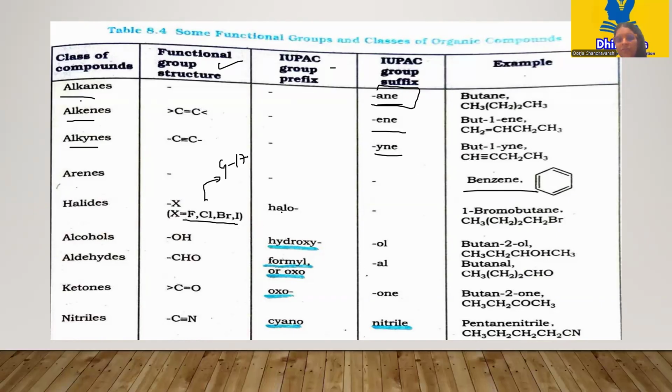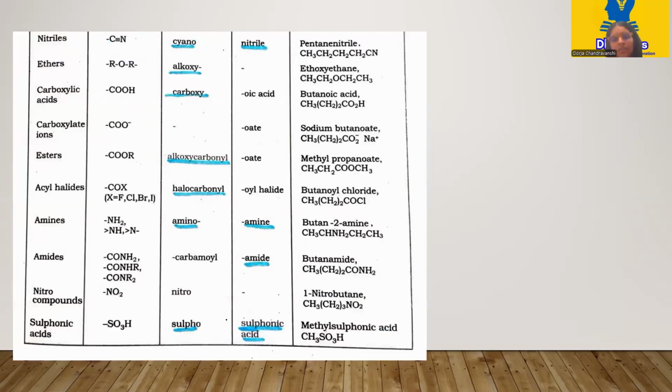Hence, the prefix is used as halo. Now, why are we using prefix in some cases and not in other cases? We'll discuss that in a while. Alcohols can be used both as prefixes and suffixes. These are some lists. You can pause it and note them down because this is going to be highly important.